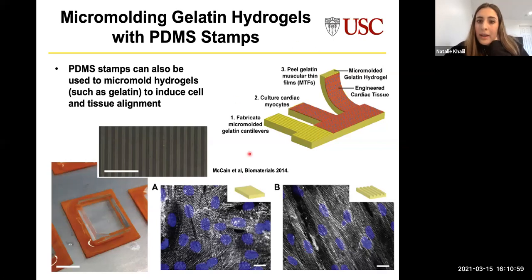And on the top right here, we show a micromolded gelatin hydrogel that has actually been engraved with these rectangular cantilevers, such that when the cardiac myocytes or skeletal muscle cells that are seeded on the surface contract, the cantilevers will deflect, and their displacement can be used to start to quantify the contractile stress of these cells.